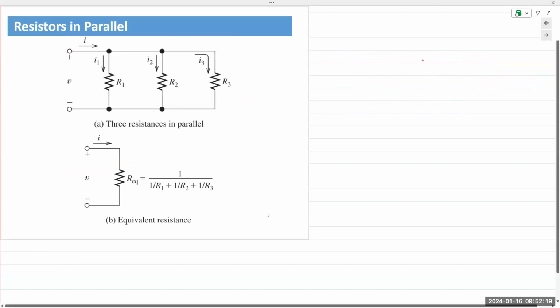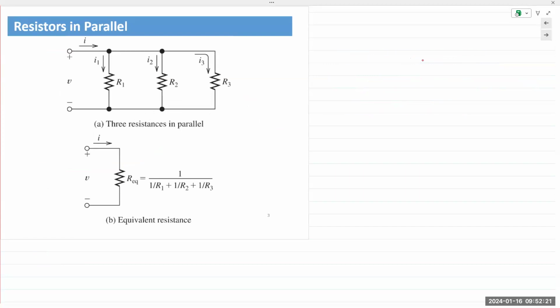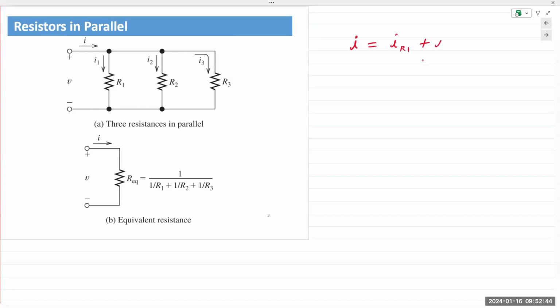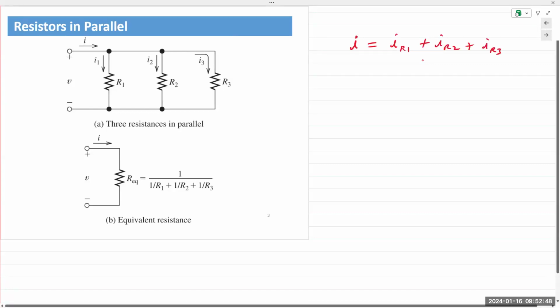Resistors in parallel, very similar derivation. You're applying a voltage across a parallel connection that will cause a current to flow through each resistor. And the total current in that circuit would be the sum of the three currents, IR1 plus IR2 plus IR3.